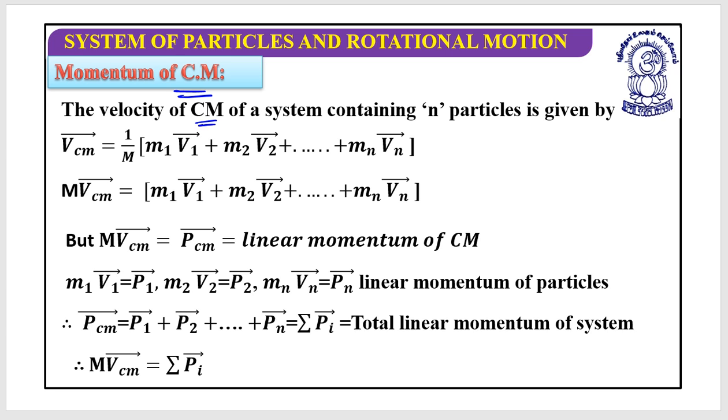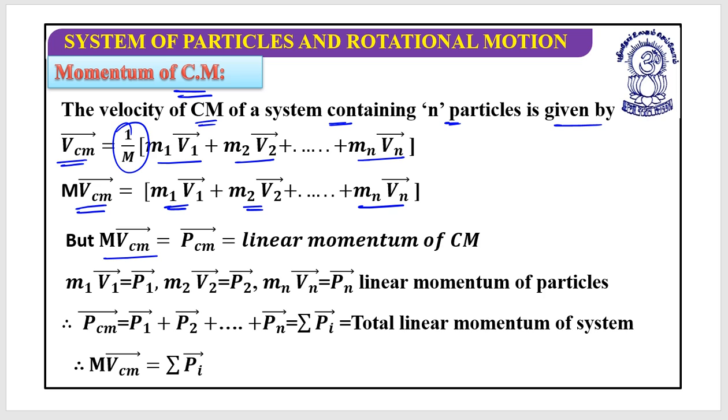Now let's look at the momentum of center of mass. The velocity of center of mass of a system containing n particles is vcm = (m1 v1 + m2 v2 + ... + mn vn) divided by M, where M is the total mass of the system. So M times vcm equals m1 v1 + m2 v2 + ... + mn vn.